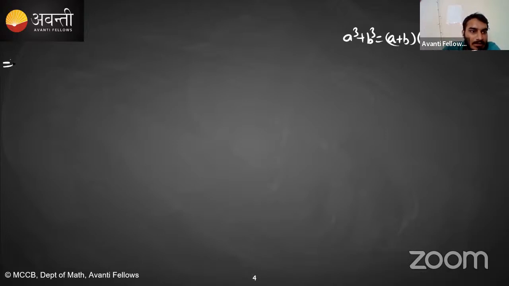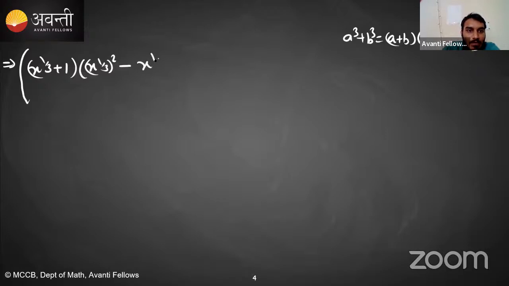So it implies the numerator is written as (A plus B) into (A square minus AB plus B square).